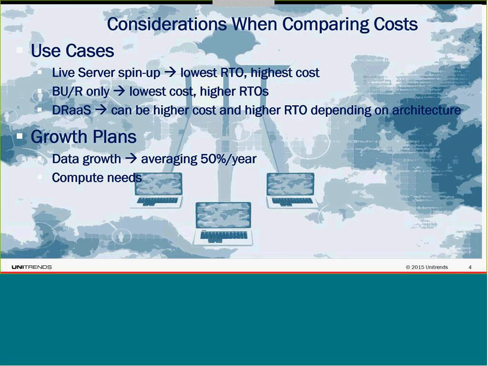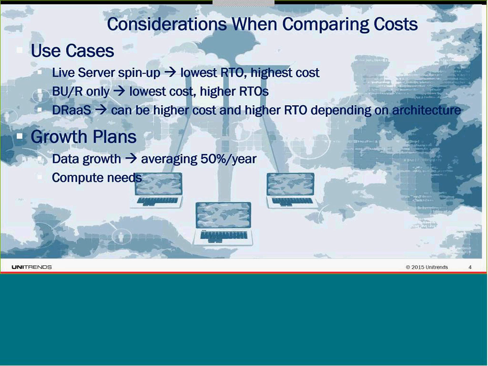Now, considerations that you'll want to look at when you're comparing costs across these various public clouds. The thing to get a handle on is what your use case is. As you all probably know, there are various ways of providing backup, recovery, and disaster recovery as a service and business continuity.